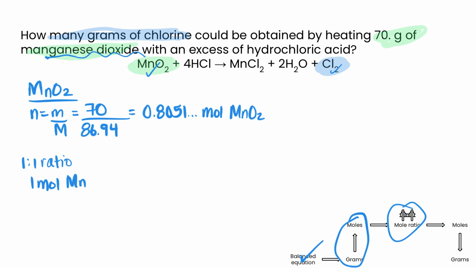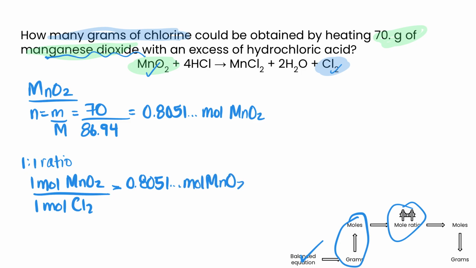So 1 mole of MnO2 produces 1 mole of Cl2, and we have 0.8051 moles of MnO2. And we're looking for X moles of Cl2. So doing our cross multiplication, we end up with 0.8051 moles of chlorine.